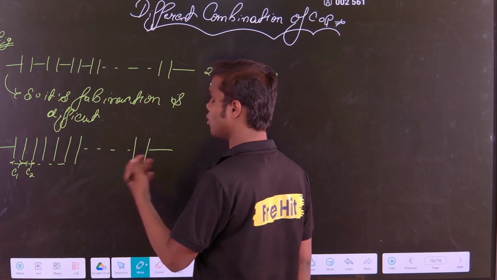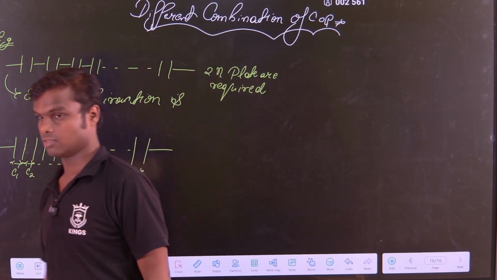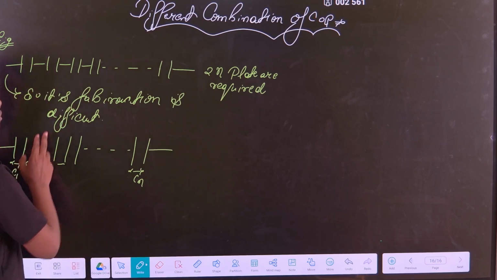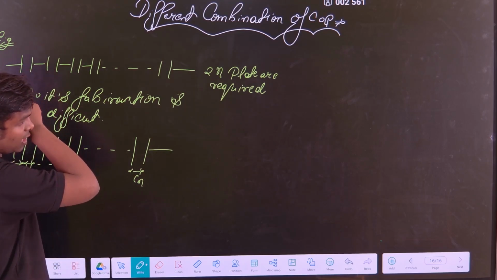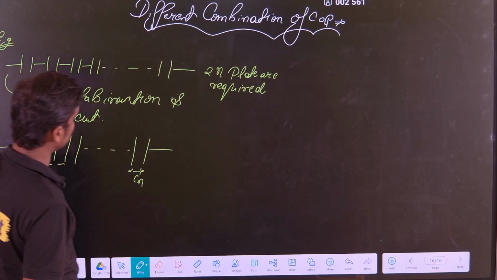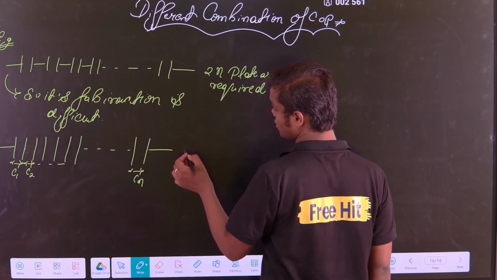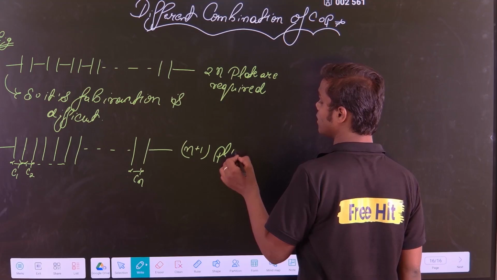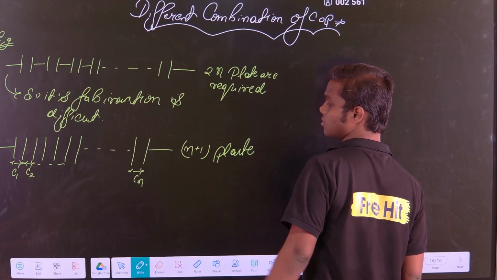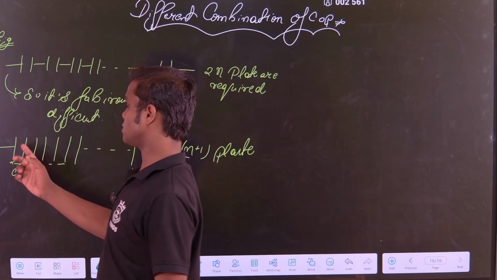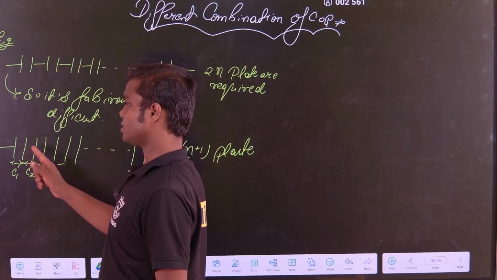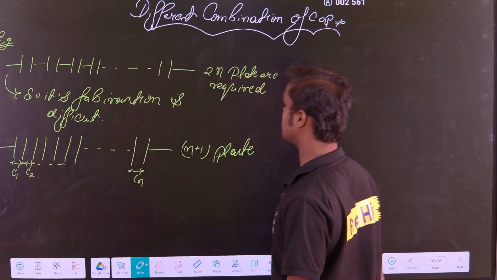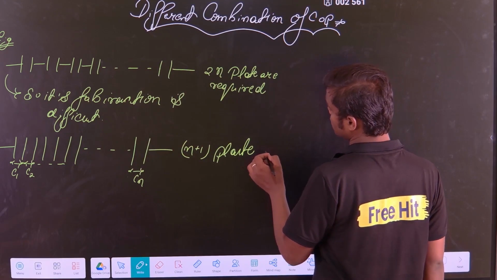If I ask you how many plates we require here, one plate is shared between two capacitors, correct? So the number of plates will be n plus 1. n plus 1 plates will be required, correct? For making one capacitor we require 2 plates, but one plate is common, so one will be reduced, correct?